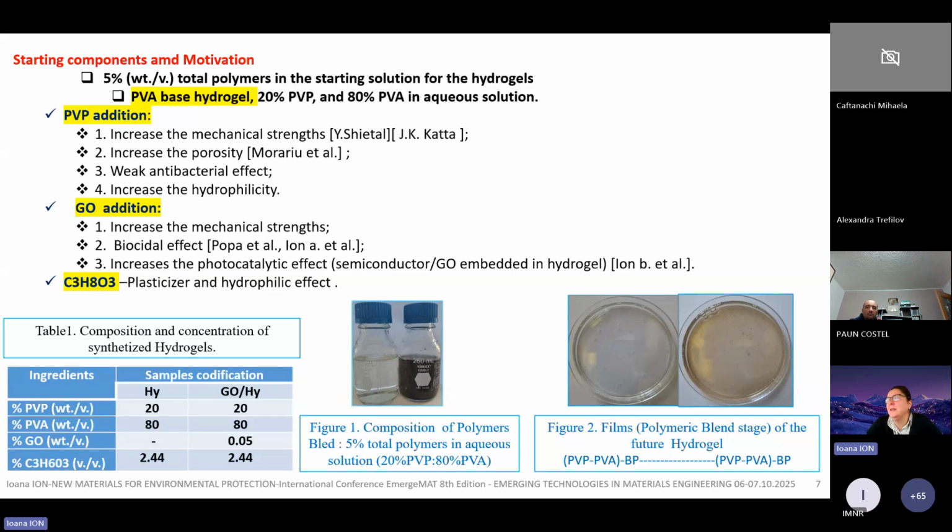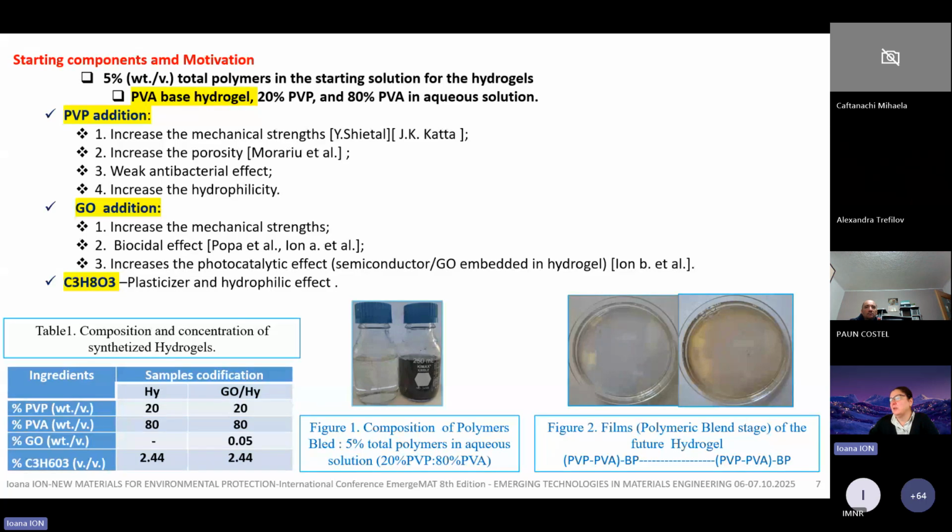And not in the end, together with another semiconductor, can enhance the photocatalytic or catalytic properties if added in the hydrogel, and in this way increase the decoloration of the methylene blue in the hydrogels used in water remediation.